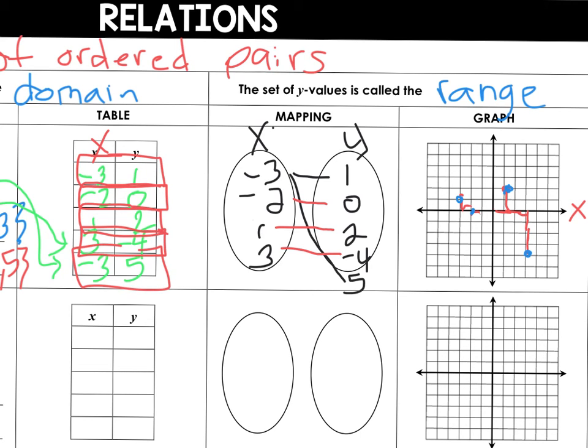So we are going to go over -3. So 1, 2, 3. And then it says 5, so we're going to go up 5. So 1, 2, 3, 4, 5. And our point goes right there.